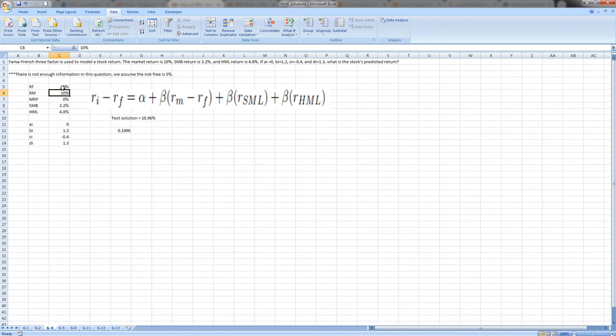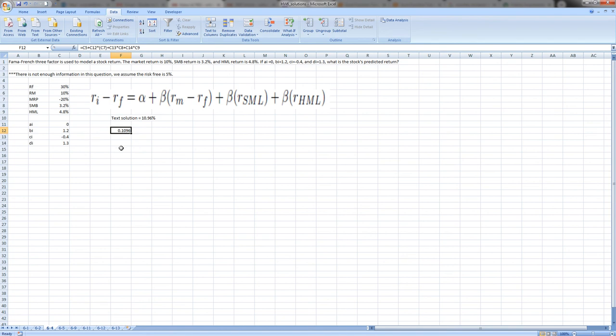See, we're only at 14, so maybe we double it. Oh, getting closer. How about we triple? Okay, we're right there. So what we see is we'd actually have to have a risk-free rate of 30% to get the textbook's solution based on this answer. Depending upon how you read into this, it would definitely impact how you solve.